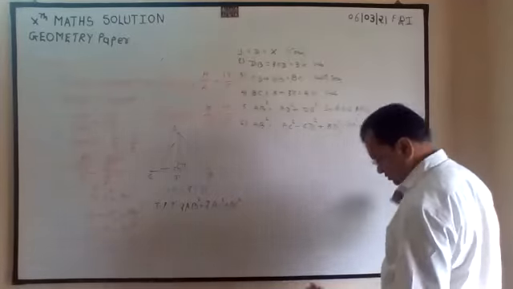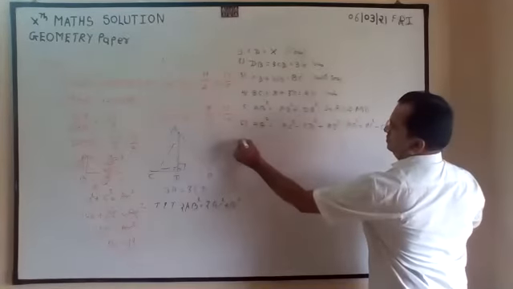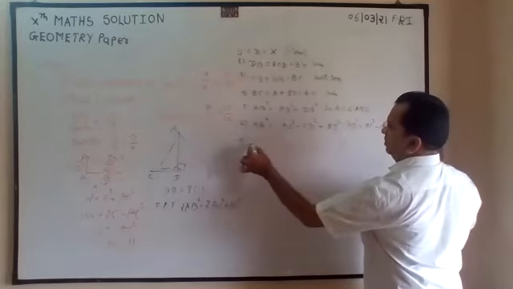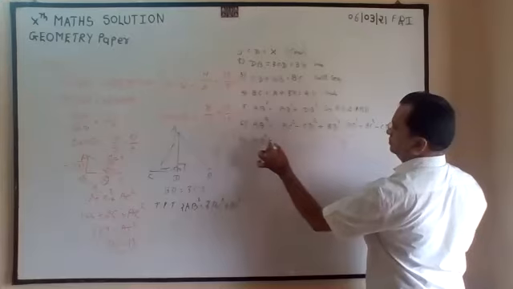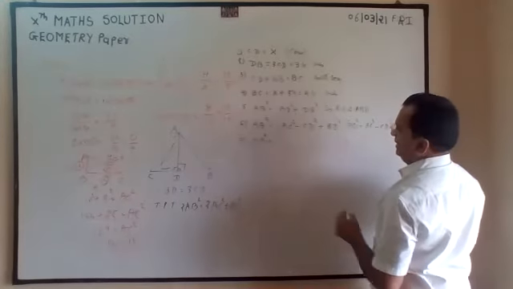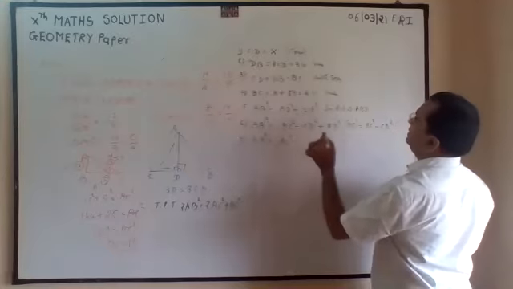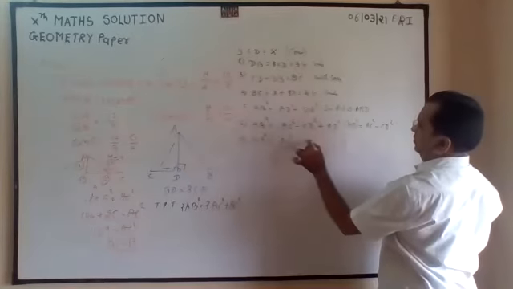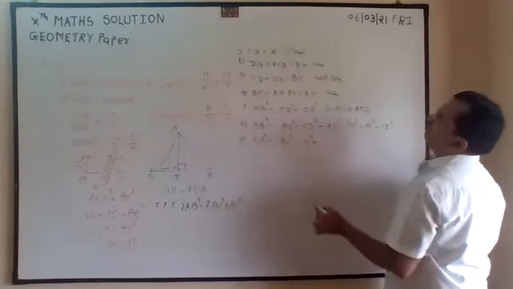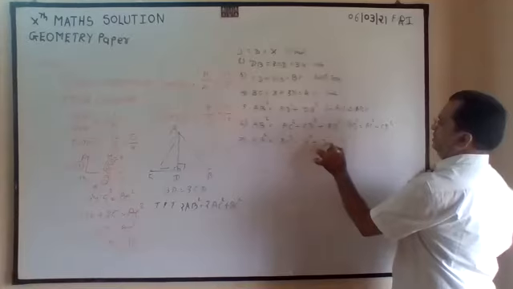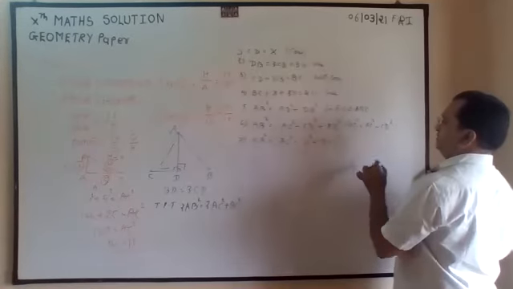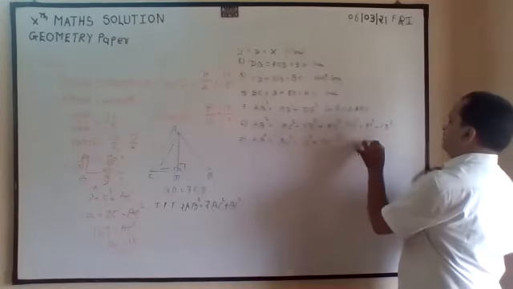Now AB square is AC square minus CD, which is x square only, plus BD, which means 3x square only, by substituting.